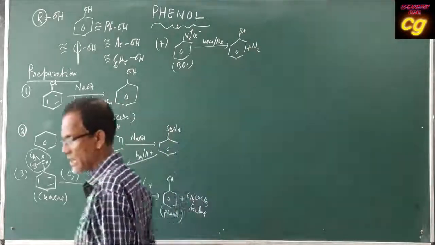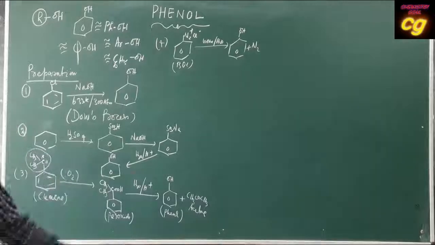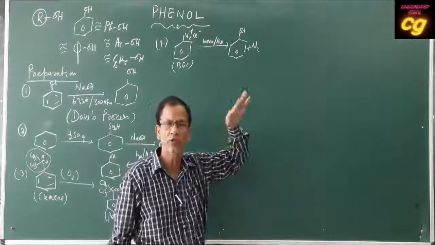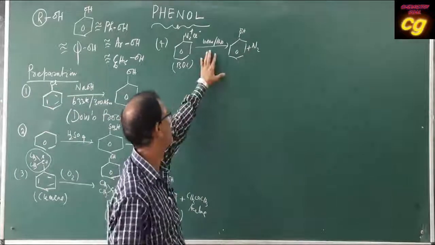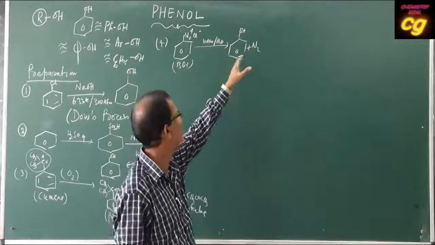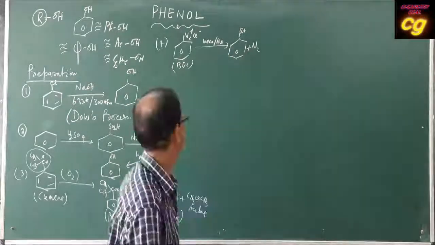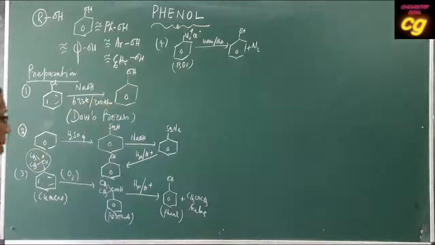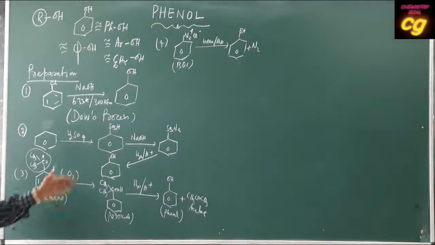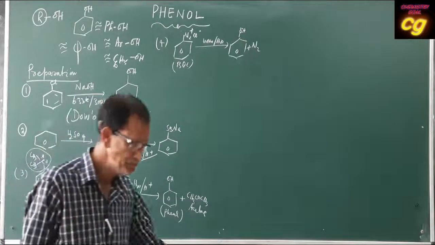And this reaction is very important. The phenol that is produced will float on the surface of the warm water as an oily liquid, because phenol is not highly soluble in water. So these are the main important preparations of phenol, from chlorobenzene, from benzene, from cumene, and from BDC.